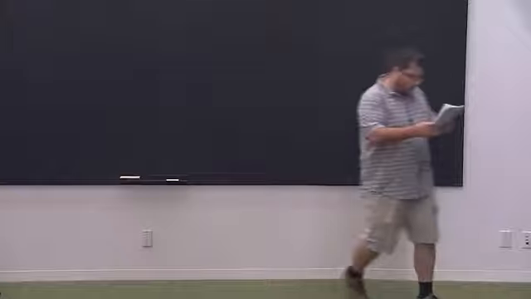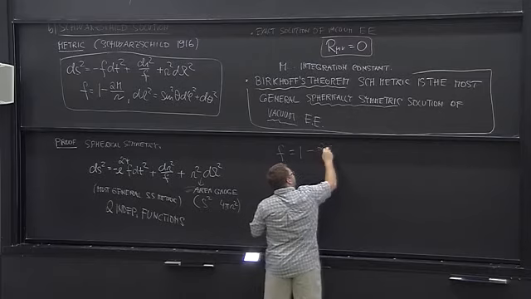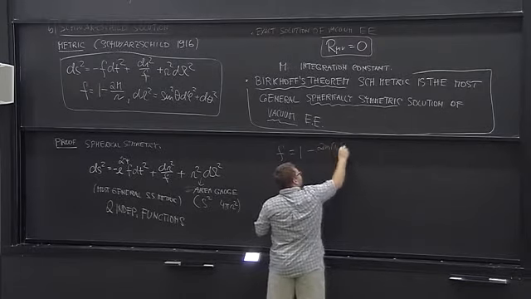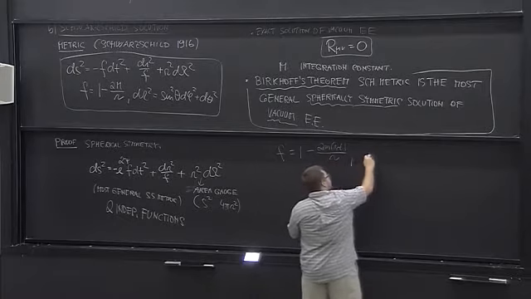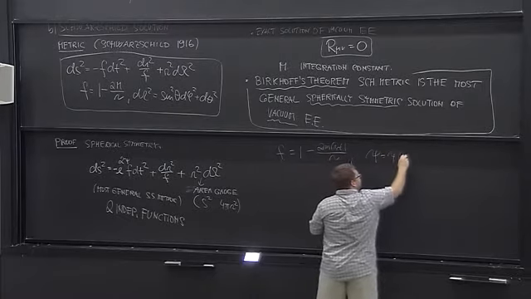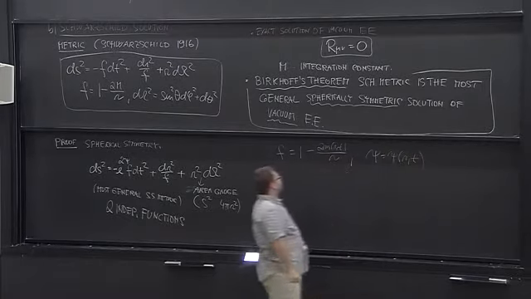All right, so at this point, both functions f and psi are functions of t and r, because I can diagonalize, but I cannot get rid of t and r. But it's a clever parametrization to write f as 1 minus 2m(r,t) over r, and then psi simply a function of r and t.